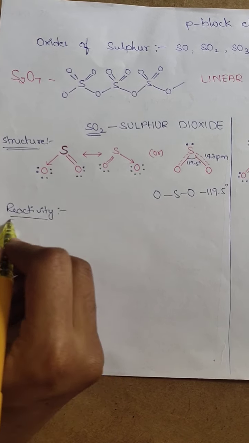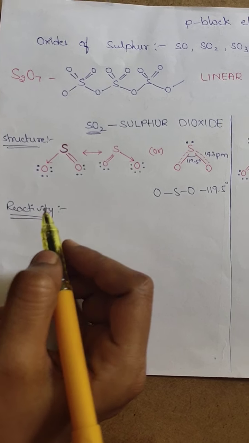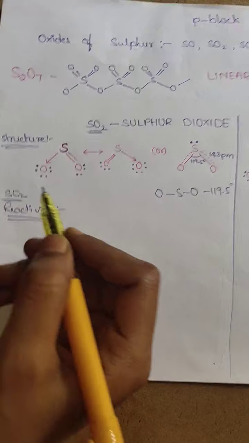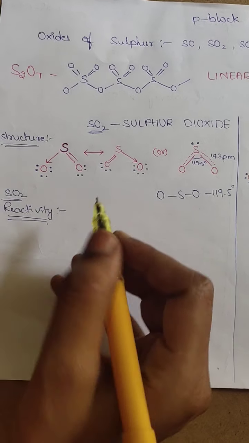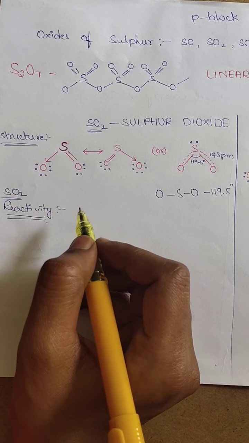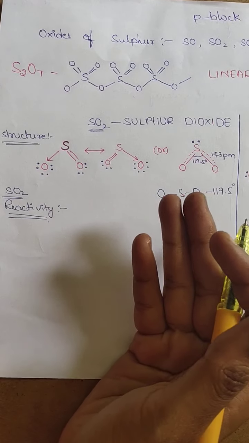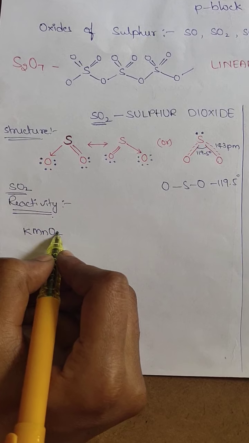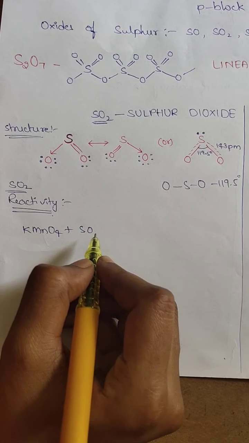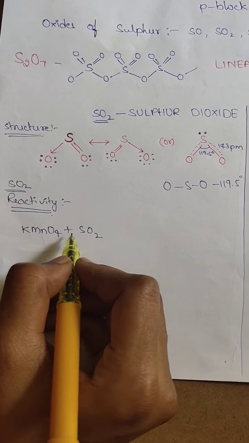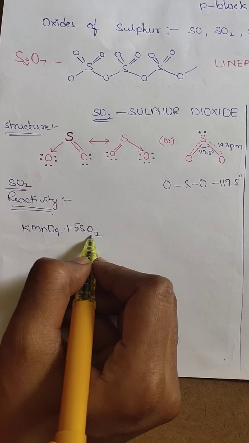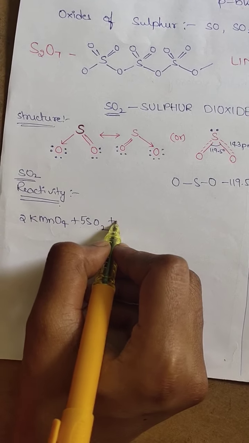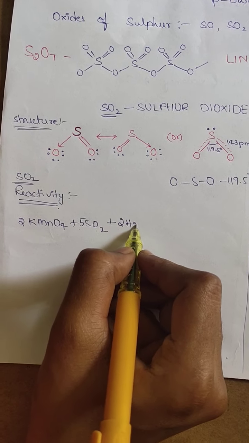Next one is reactivity. Reactivity of sulfur dioxide: sulfur dioxide acts as both an oxidizing agent as well as a reducing agent. It reduces acidified KMnO4. Here I am taking 5 moles of sulfur dioxide and 2 moles of potassium permanganate reacting with water.